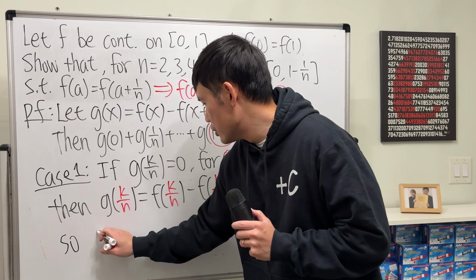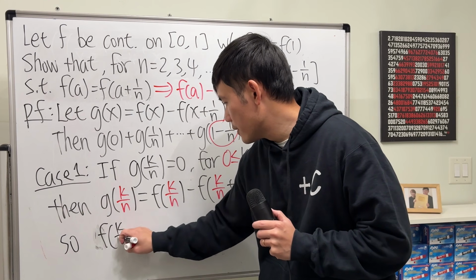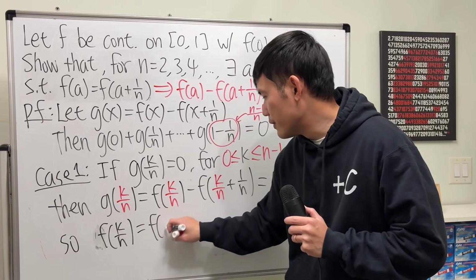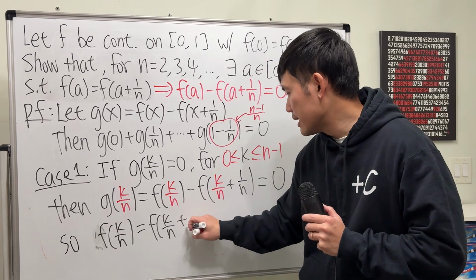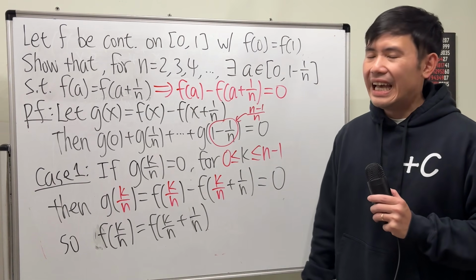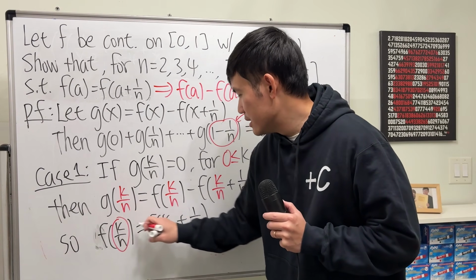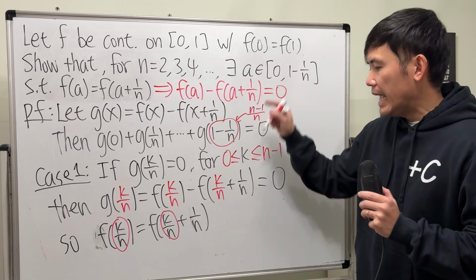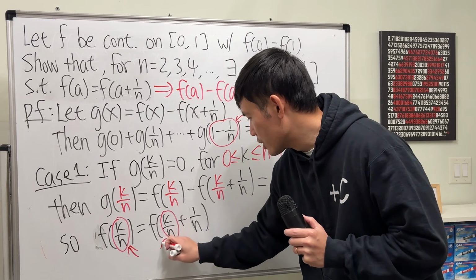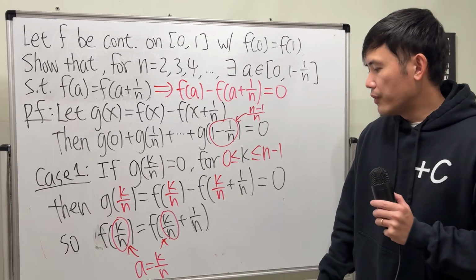We see that f of k over n is equal to f of k over n plus 1 over n. And really, we are done, because this is our a. So just call this a to be k over n.